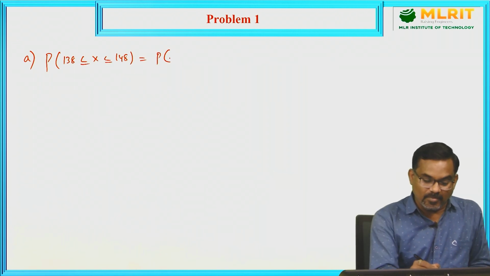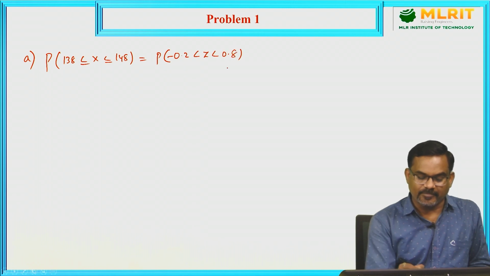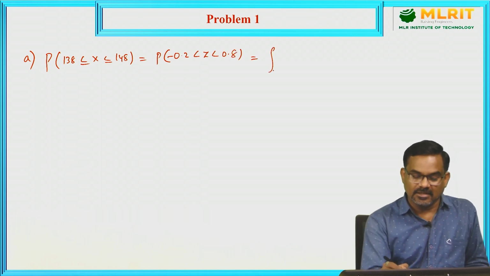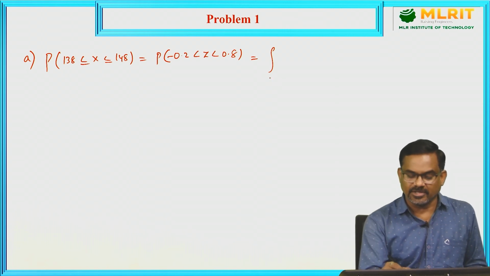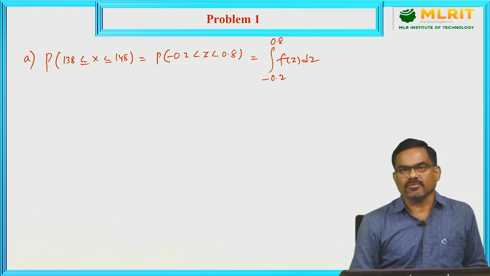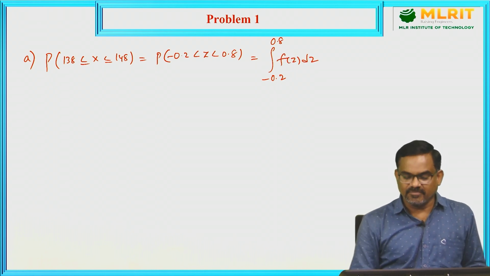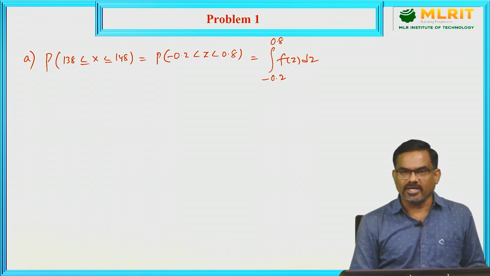So minus 0.2 less than z less than 0.8. That implies, since it is a continuous probability distribution, we use the integral notation, and we need to calculate the area from minus 0.2 to 0.8 under the normal curve. So integral f of z dz from minus 0.2 to 0.8.